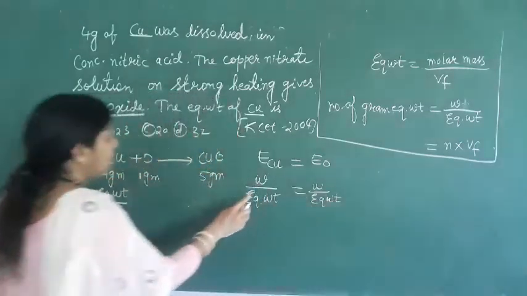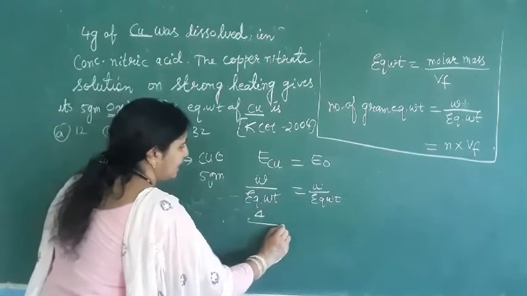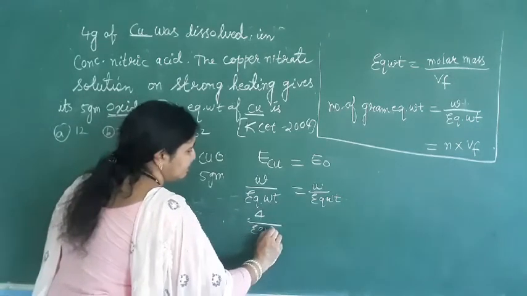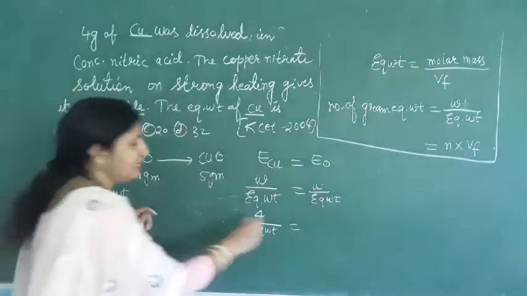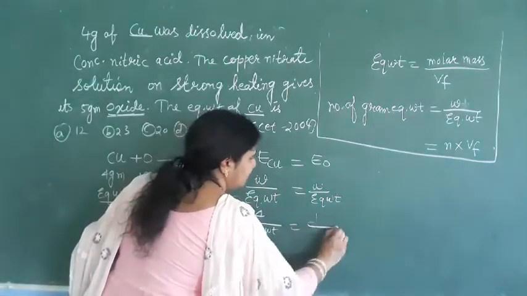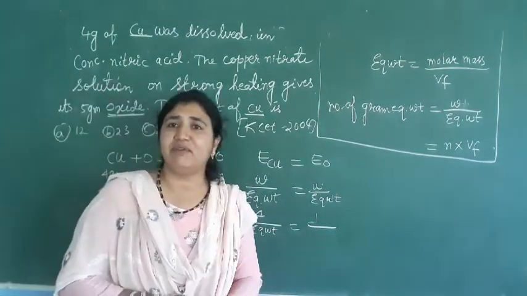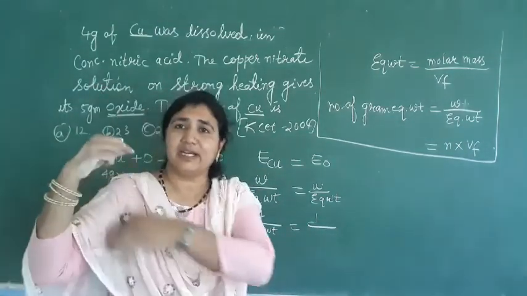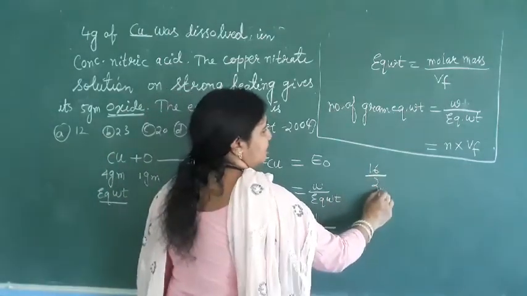Now for copper the weight given is 4, and the equivalent weight we have to find out. This is equal to the weight of oxygen, which is 1, divided by the equivalent weight of oxygen, which we just calculated: atomic weight divided by valency. The atomic weight of oxygen is 16, and the valency of oxygen is 2.